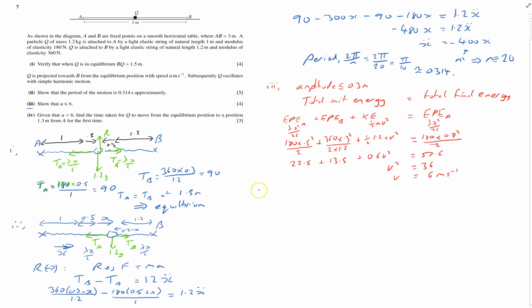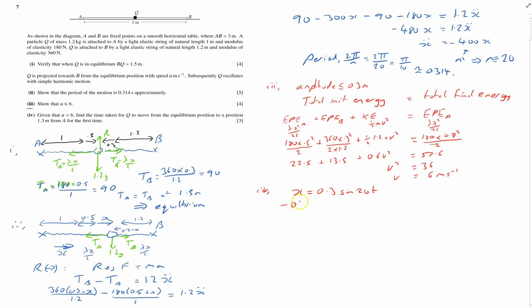Part 4, a couple of ways of doing part 4. So I would use here x equals, we know it's given a 6, it will actually get there, so it tells us the amplitude is 0.3, so x equals 0.3. It's released from the centre, so it's sine 20t. In this case we want it to be 1.3 meters from A for the first time, so it starts here, goes all the way across and then back, so the x will actually be negative 0.2.